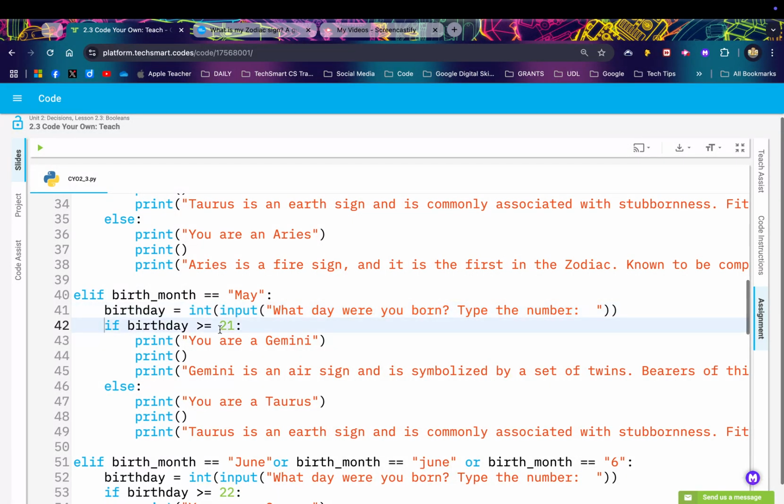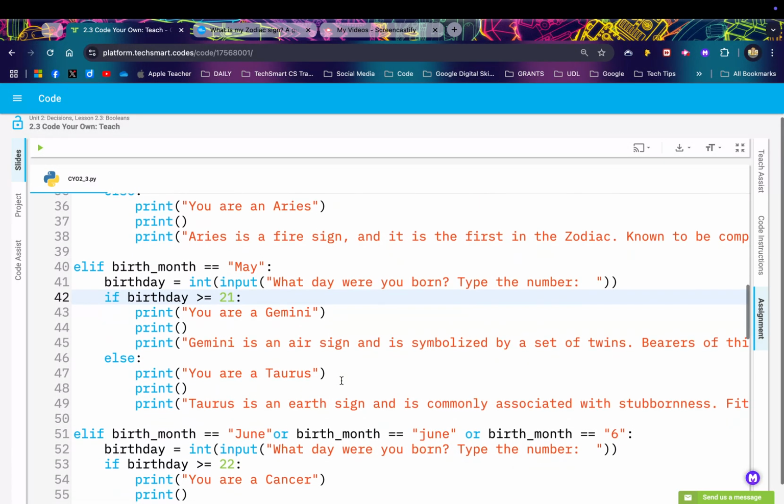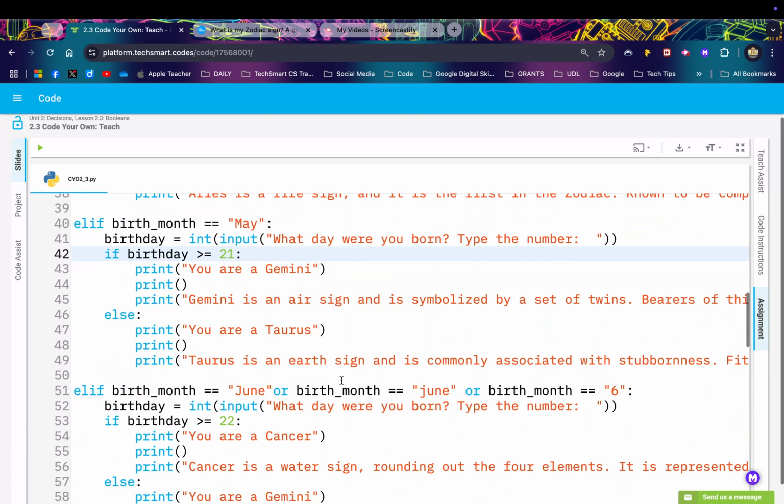If birthday greater than or equal to the 21st, print you're a Gemini. Printed a blank statement just for spacing, and then printed the information that I copied off of the internet about Gemini. Or make up your own horoscope. I'm totally fine with that. And then else takes care of the 1st to the 20th.